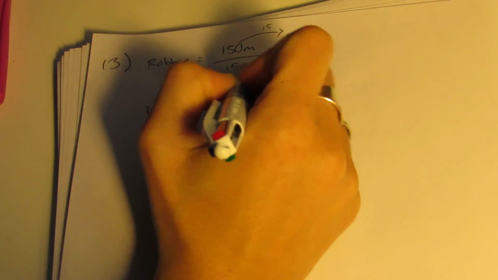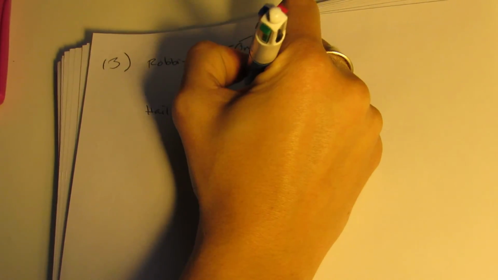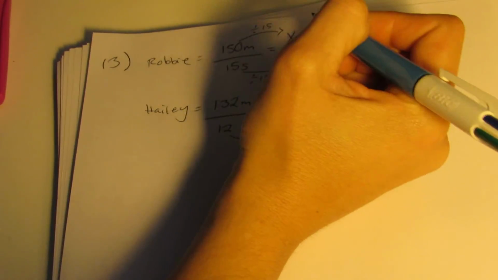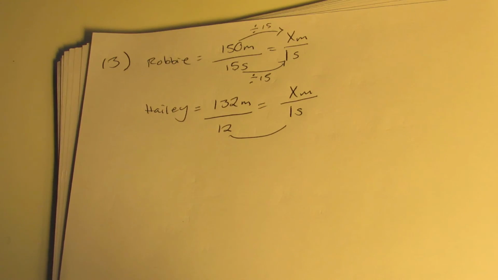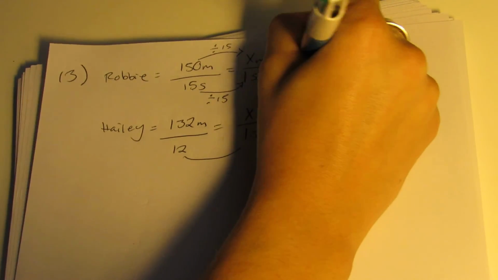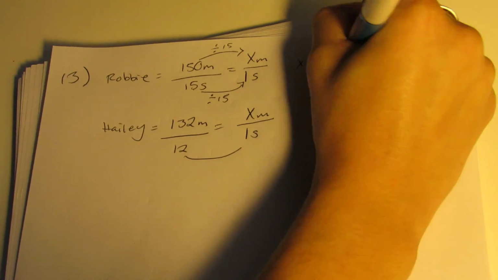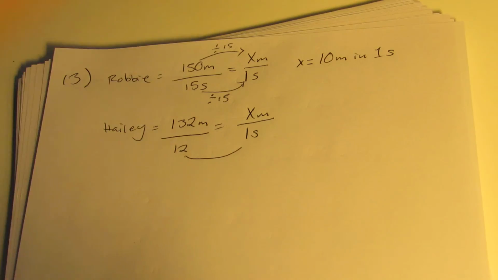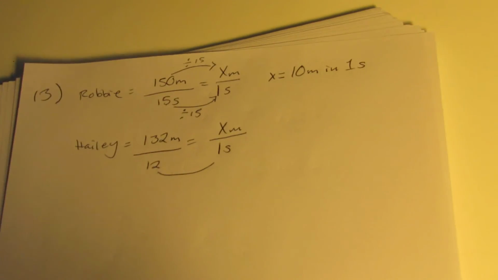And I always want to go toward x. So 15 to 1 means you divide. So that's what I will be doing. Okay, so 150 divided by 15 gives you x is equal to 10 meters in 1 second. Okay, so I hope you guys can see that.